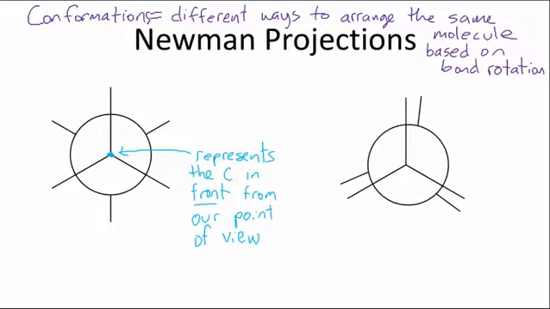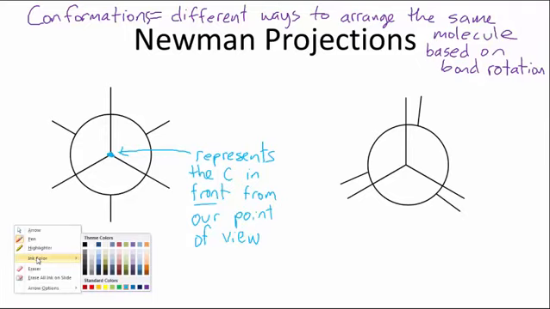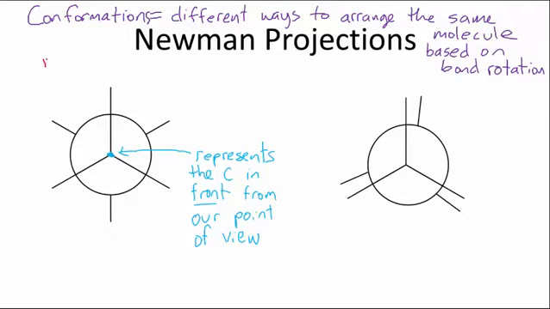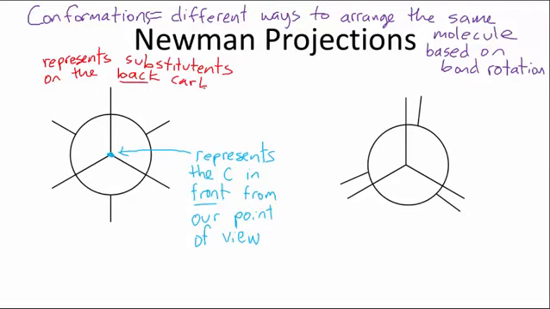And then those other three lines that come out of the circle represent the substituents on the back carbon. It's like the circle is showing that the back carbon is blocked from our view, so we can only see the bonds coming out from it.